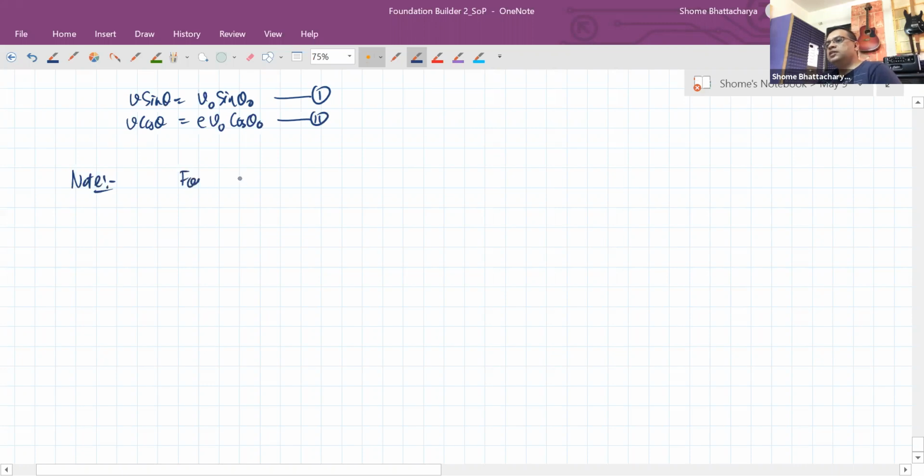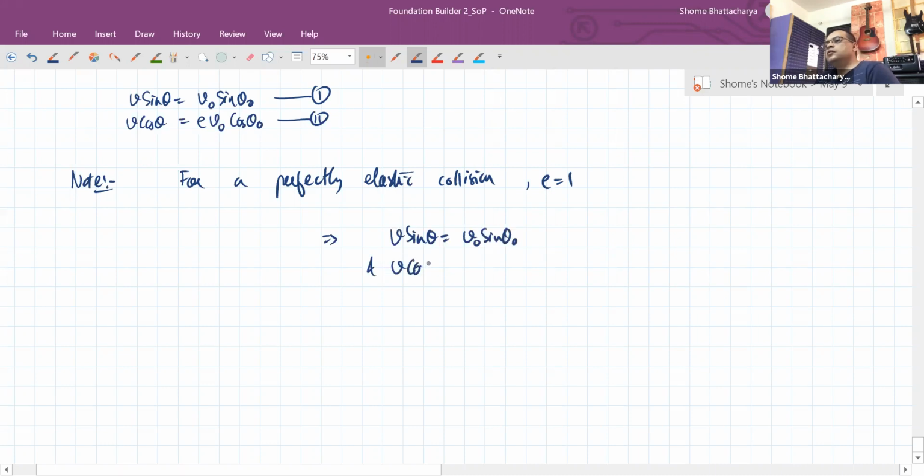So for a perfectly elastic collision, when you take E equal to 1, this equation remains the same, but the second equation has unity on the right side.